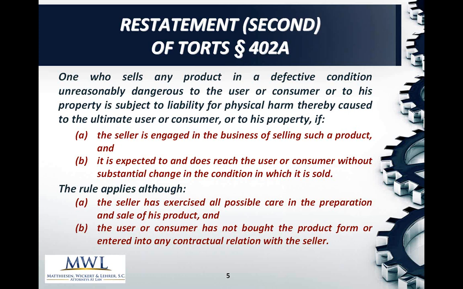It is expected to, and does reach the consumer without substantial change in the condition in which it is sold, and any product that is in a defective condition, unreasonably dangerous to the user or consumer. And a lot of times it's used as, what did the consumer expect?